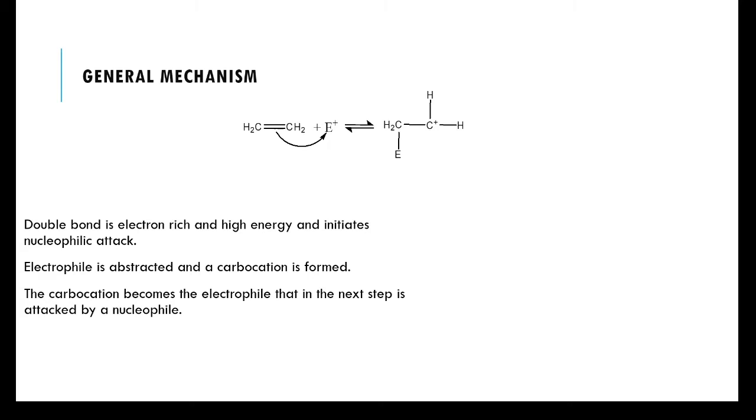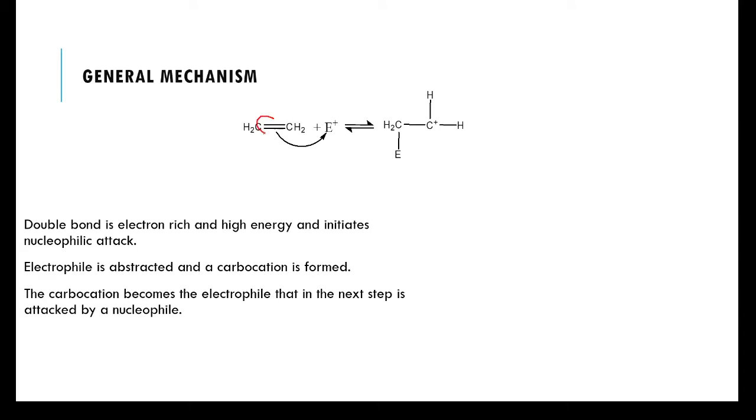Okay, so what do we got going on here? In an addition reaction, we have an electron-rich pi bond right here. You have an alkene or an alkyne, and we're going to turn it into an alkane eventually.